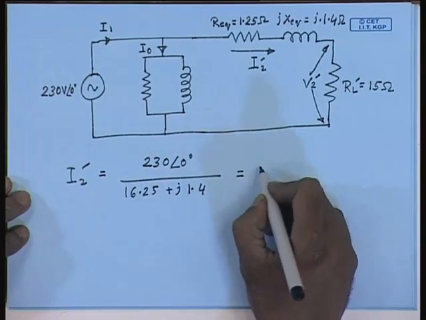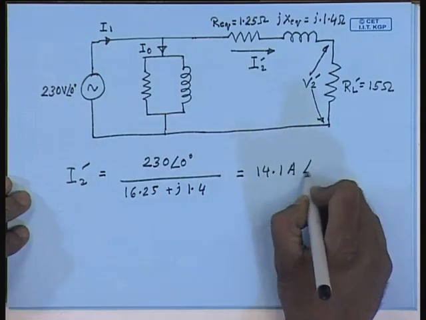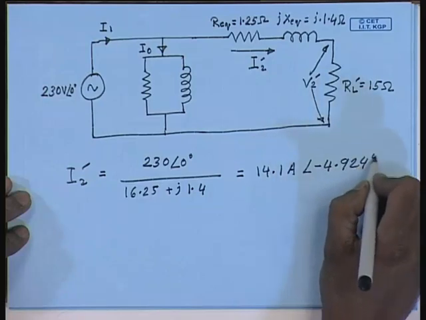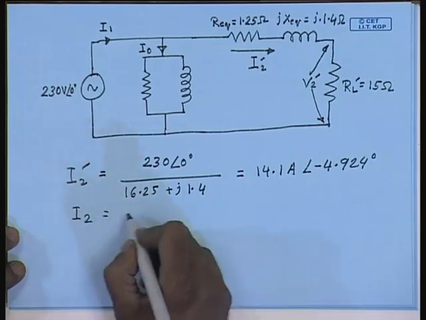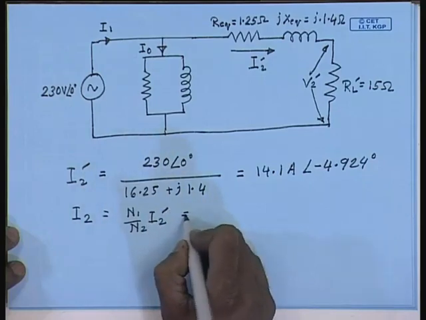This is given by 14.1 ampere angle minus 4.924 degrees.